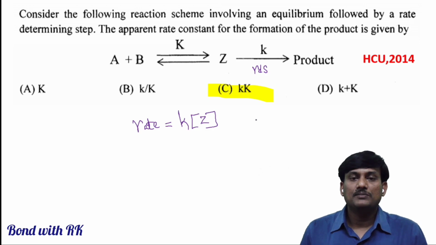From this equilibrium, capital K, the equilibrium constant, is equal to concentration of product by concentration of reactants.